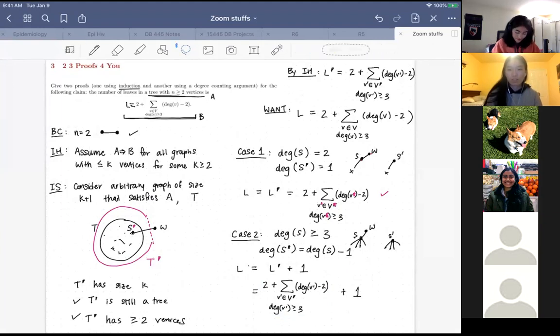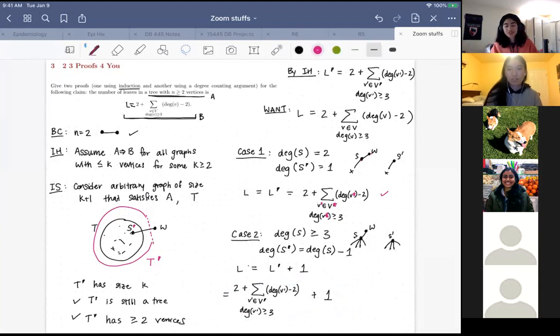I'm going to also scooch this over, give a little bit more room. The question is, can we turn this into what we want to show, which is in T instead of T prime? So in other words, if we do the same thing as before and we just get rid of all the primes, is that still valid now?